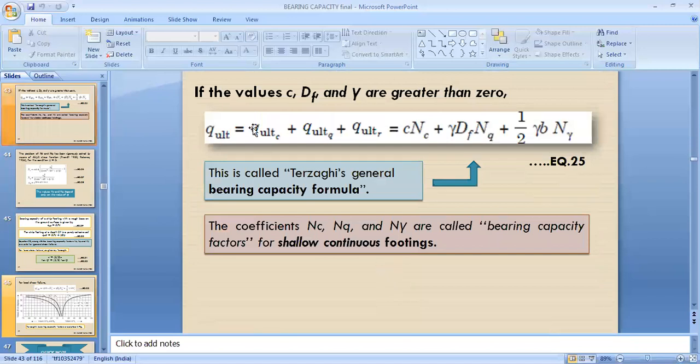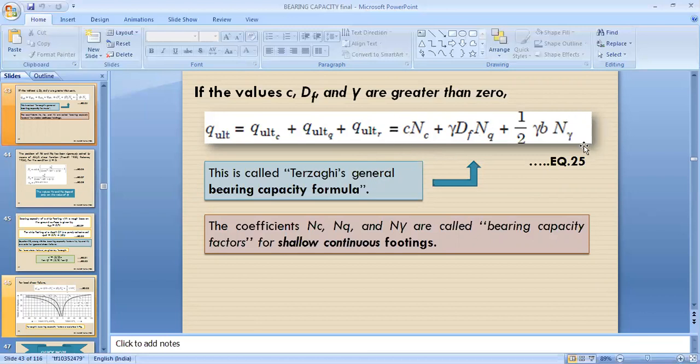Ultimately, when we resolve all the forces and calculate Q ultimate, it will have three components. One is because of the cohesion, the other is because of the surcharge load, and the third depends on the dimensions of the footing. It can be written as C Nc plus gamma D Nq plus 0.5 gamma B N gamma.